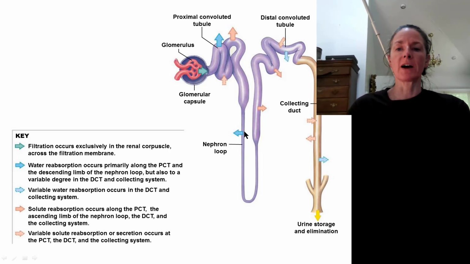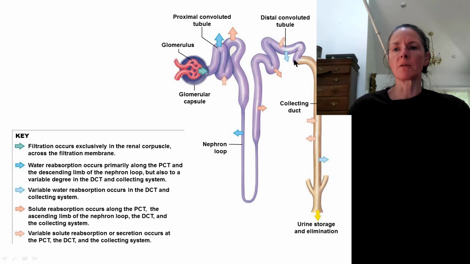But for now, suffice it to say, we get a lot of osmosis of water because this is freely permeable to water and pretty impermeable to other solutes. Whereas up here, this is impermeable to water, but we're going to have active removal of sodium chloride through this thick ascending limb.